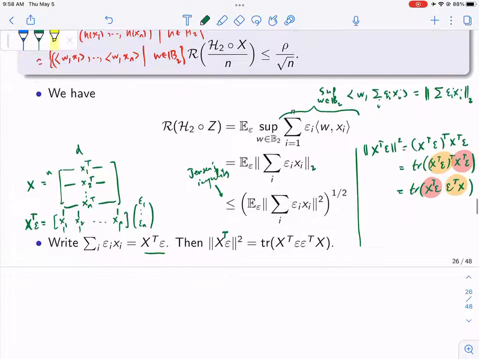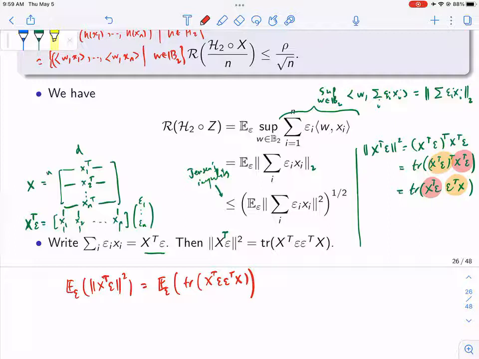And then I want to compute the expectation, right? Expectation over epsilon of this, which gives me what? So we want to calculate the expectation over epsilon of X transpose epsilon squared, which is the expectation over epsilon of the trace of X transpose epsilon epsilon transpose X. So what can we do here?